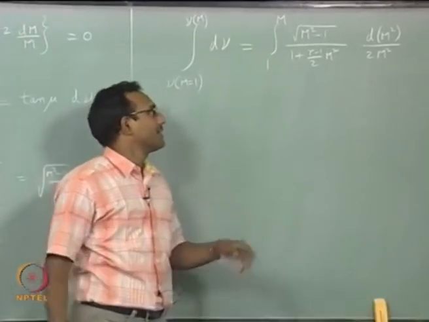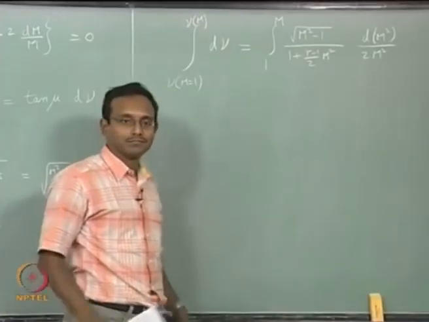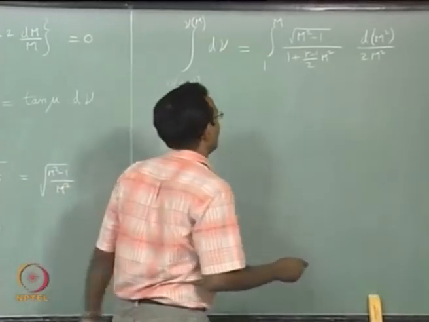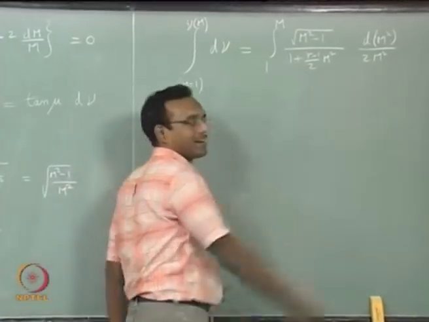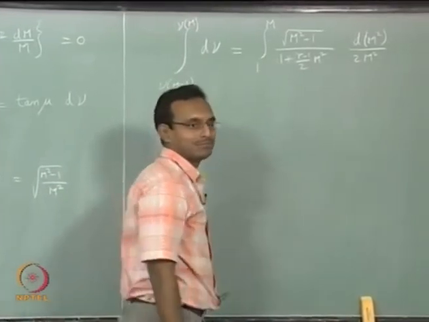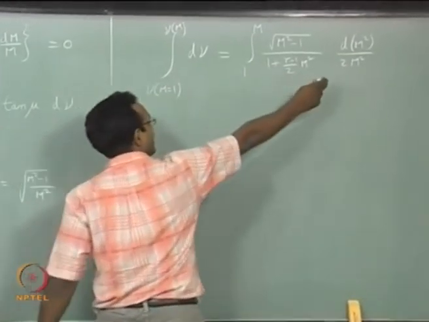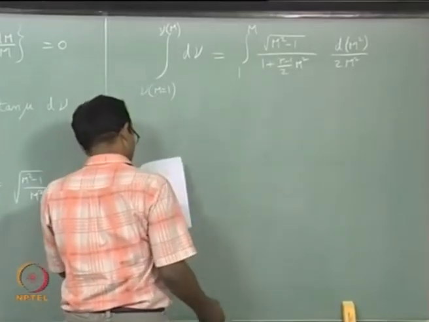Now let us say I know how to integrate this. You can just tell directly that a 1 plus x squared kind of form will give you a tan inverse function. It is not just a simple thing because it also has another term.